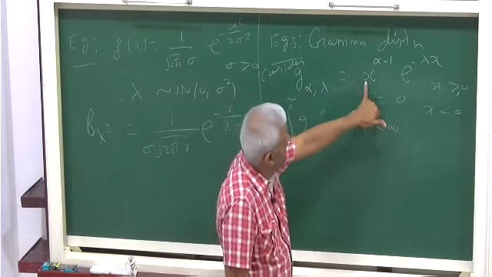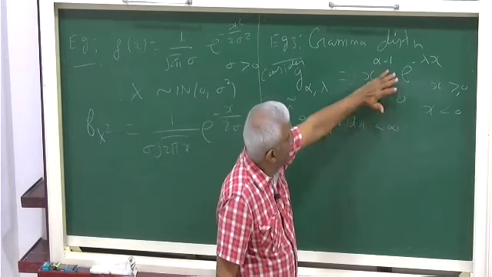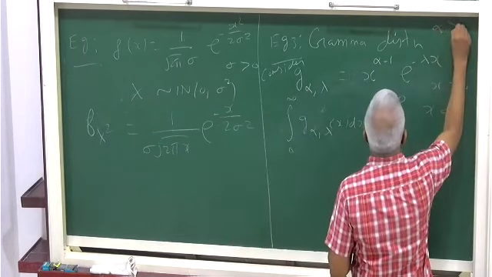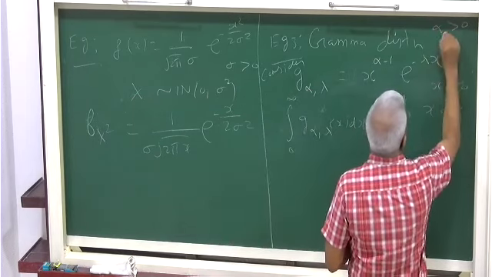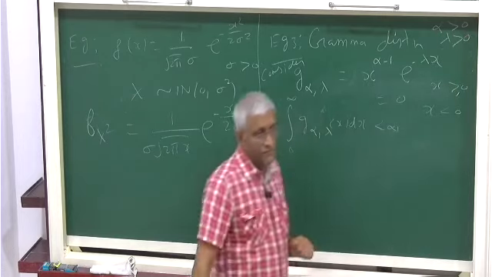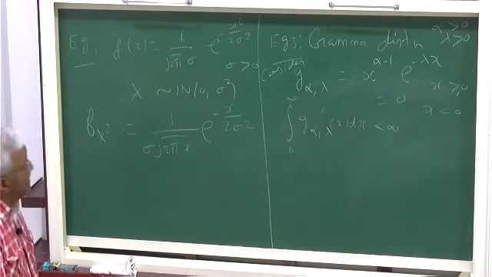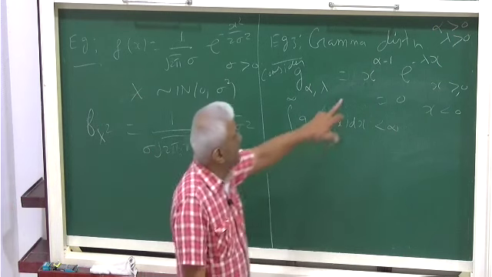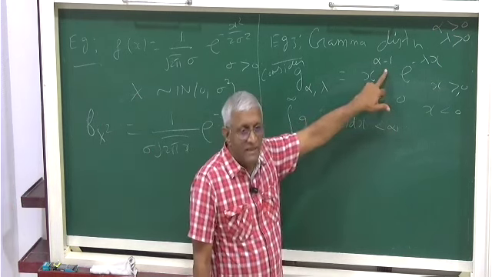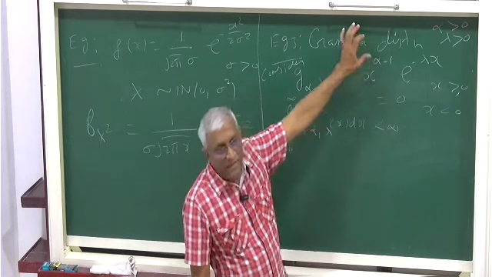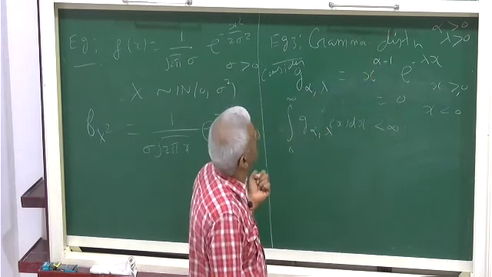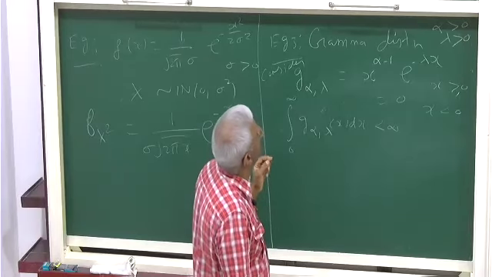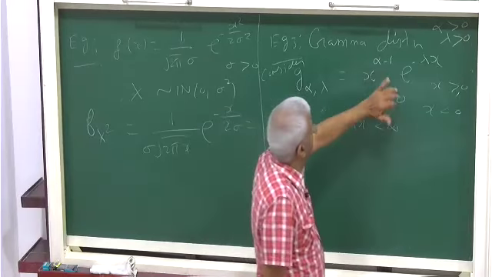That's because alpha has to be greater than 0, and lambda has to be greater than 0.